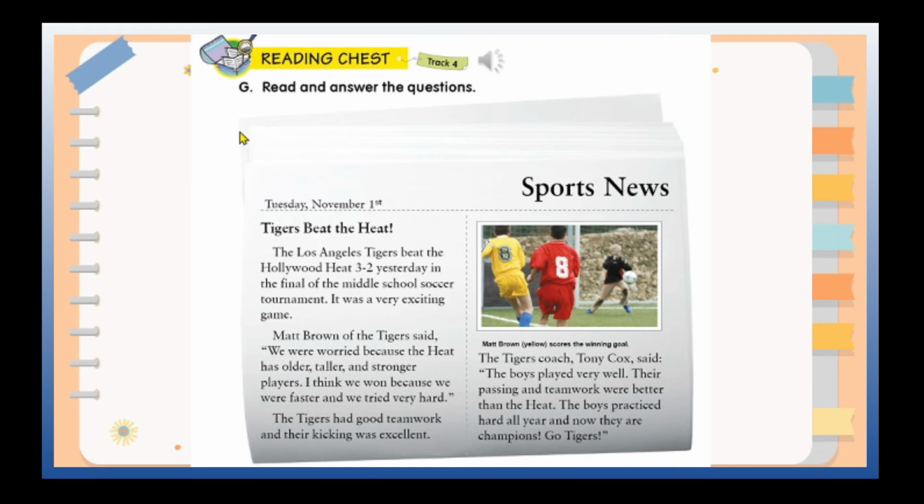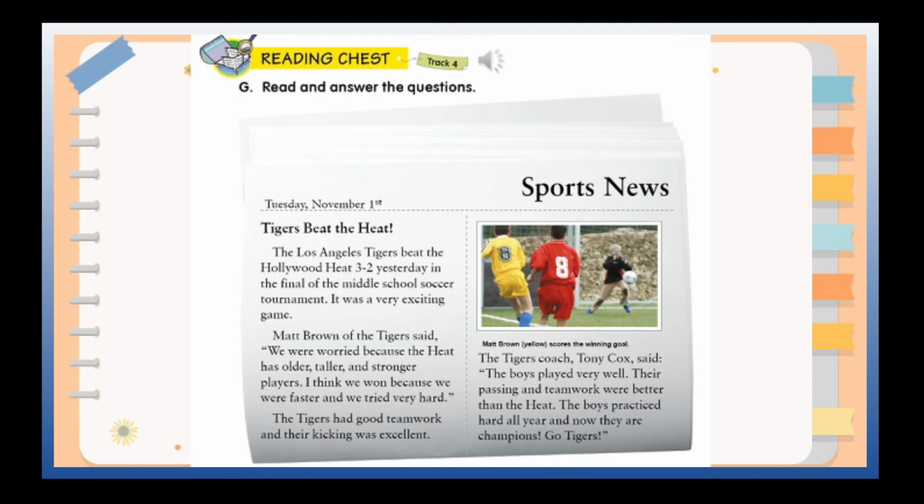It was a very exciting game. Matt Brown of the Tigers said, "We were worried because the Heat has older, taller, and stronger players. I think we won because we were faster and we tried very hard. The Tigers had good teamwork and their kicking was excellent."